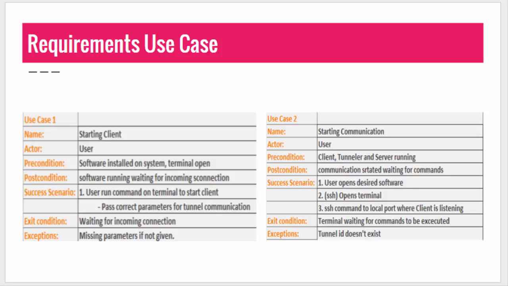Now for use case 2, the name is start communication. Again, the actor is the user. The precondition is that the client software, server and tunneler must be running. The postcondition is that communication is starting and awaiting commands. A simple scenario goes as follows: the user opens a terminal, in case he or she wants to create an SSH session, and connects to where the local client is listening.